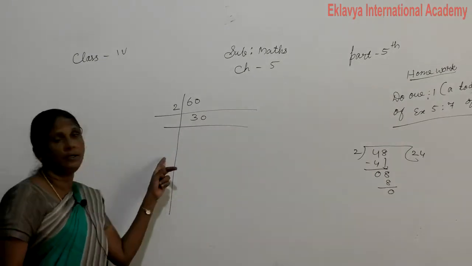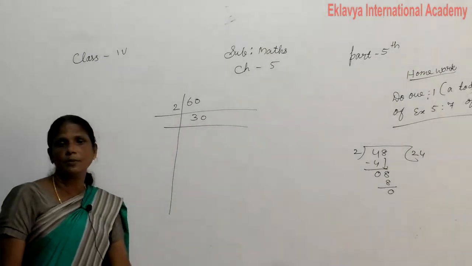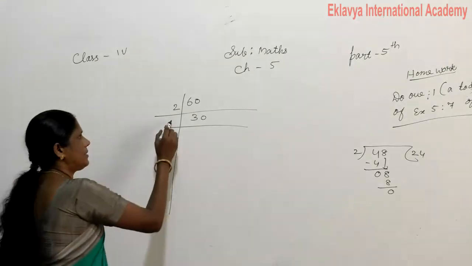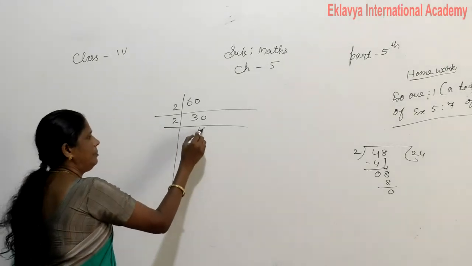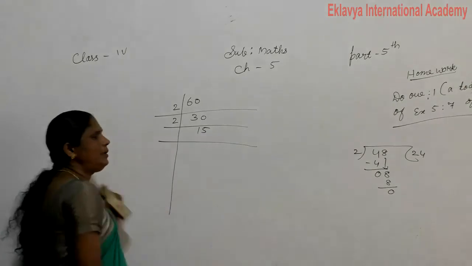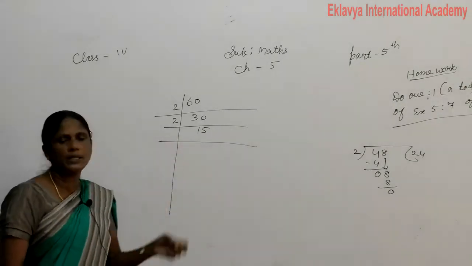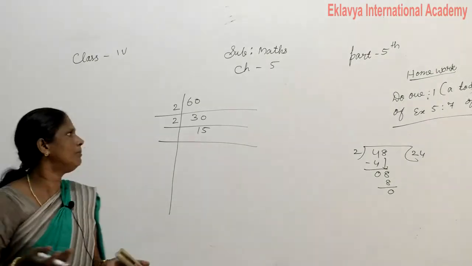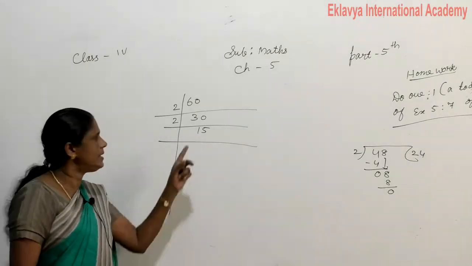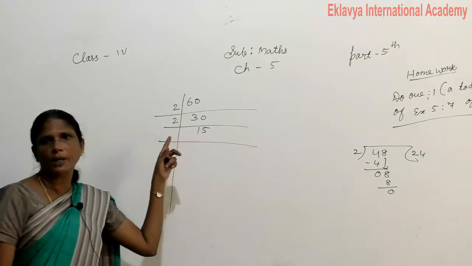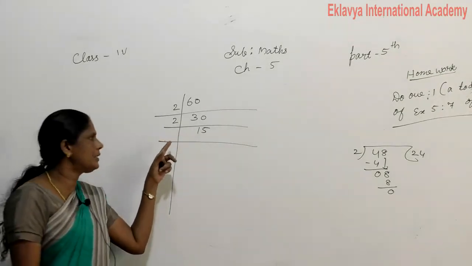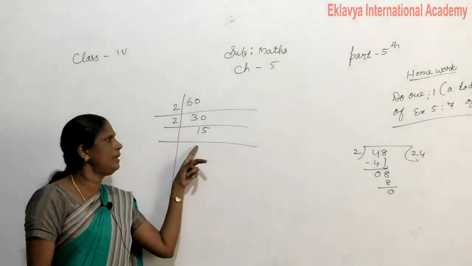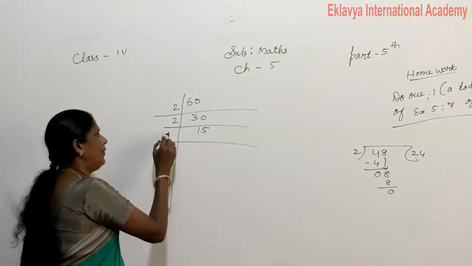Again you check whether this number is divisible by 2. Yes. Again 15. Again you check whether this number is divisible by 2. No. The next prime number is 3. This number is divisible by 3. You say the table of 3. How many times does it go? 5 times.